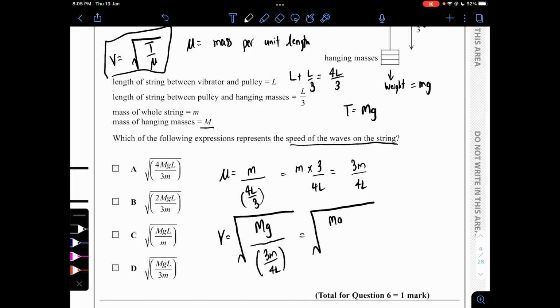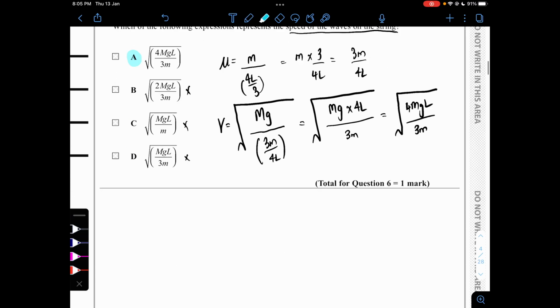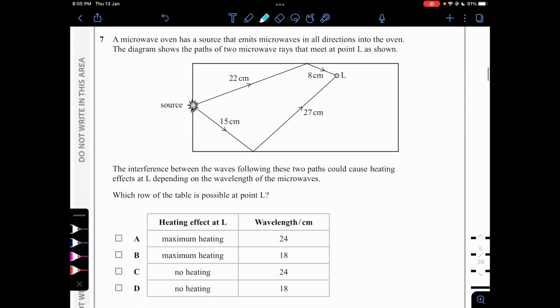So Mg times 4L all over 3M. So we can see over here, we need 4MgL over 3M. Alright, so B you know, C you know, D you know, that is A. The answer is A.